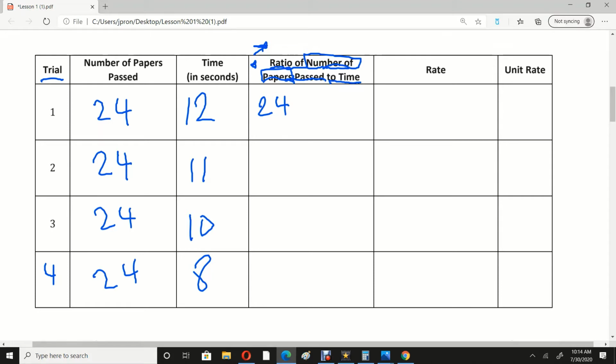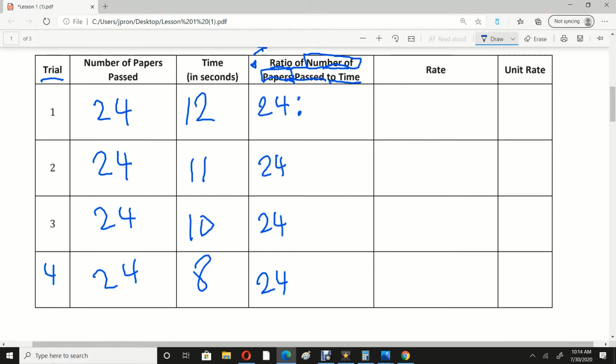So the number of papers each time was 24. You can actually just come down here because we know that our first number in each one of these is going to be 24, right? All right, and in this first one it's a ratio of number of papers passed to time. So in time, it took us 12 seconds. So our second number in the ratio is going to be 12. So 24 to 12, right?